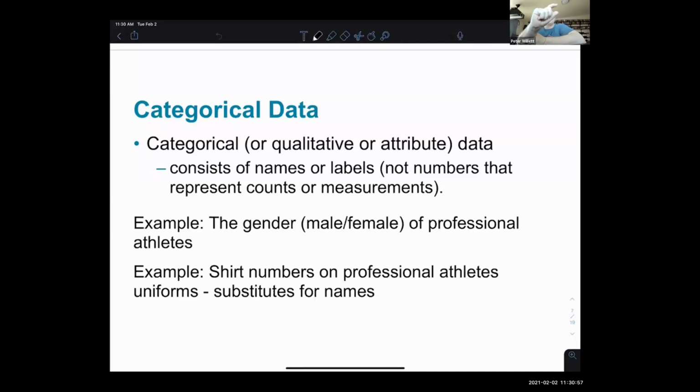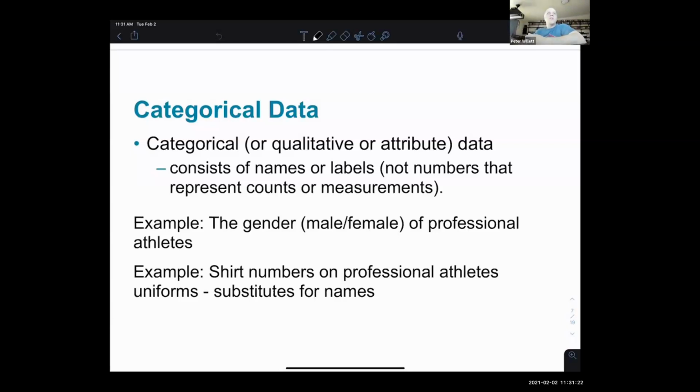And so that is an example of a categorical data value or a categorical type of data, numbers of players' jerseys. Even though they're numbers, it's not numerical data. It's not quantitative data. Does that make sense? Because the number's not measuring anything, it's really just acting as a label.